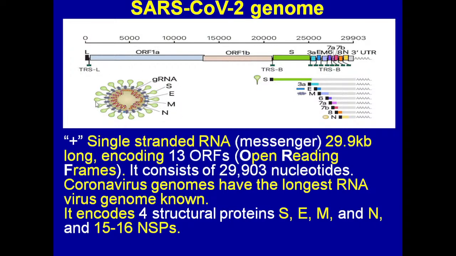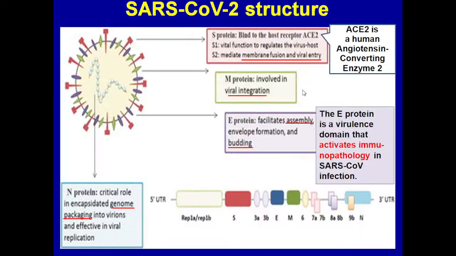And apart from this, around 15, 16 non-structural proteins are produced. Can you imagine? Just four structural and 15, 16 non-structural proteins. That makes it, I think, partially so adaptable.